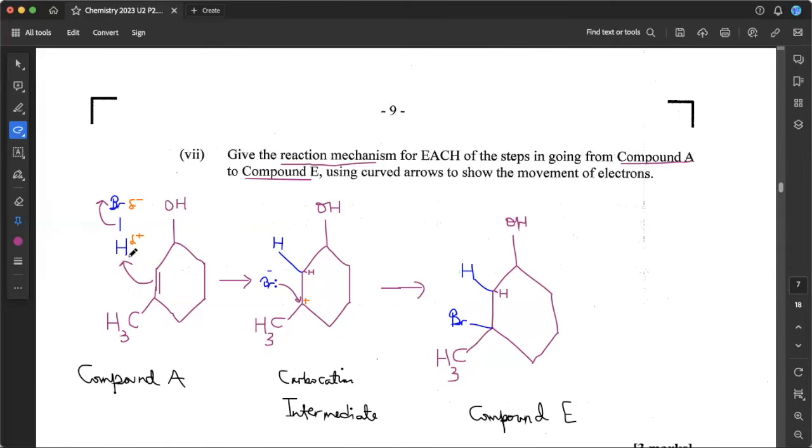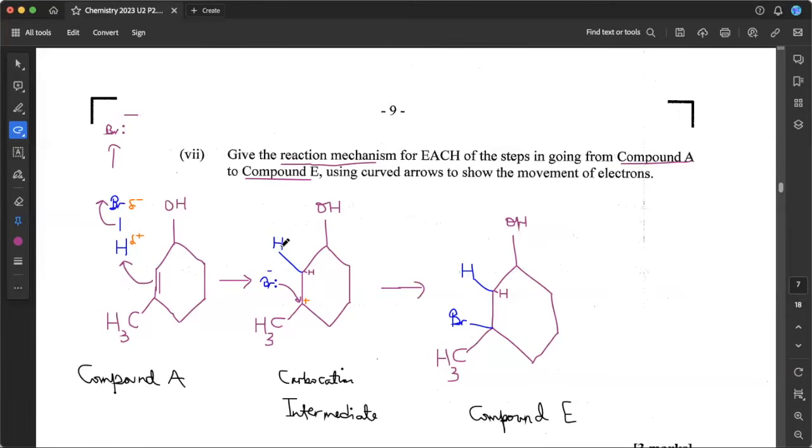And so when that happens now, this bond is going to split heterolytically. All of these electrons are going to go towards the bromine atom, and so we're going to end up forming a bromide ion. So let's come over here and see how that hydrogen is going to be attached. It's going to be attached up here, because as we said, it's going to add to the carbon that already had a hydrogen on it, which is this one.